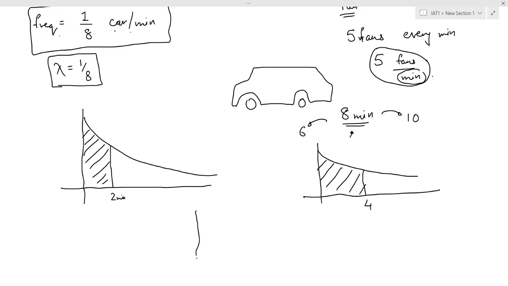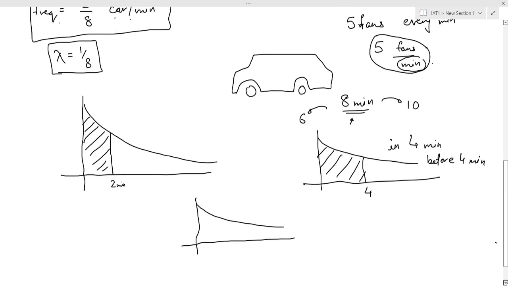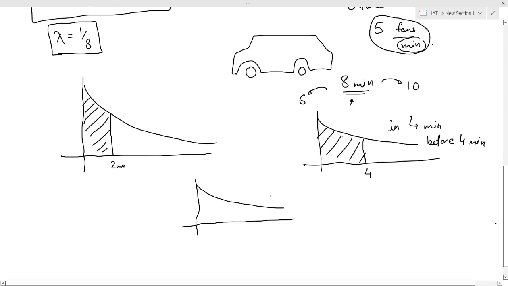This is before 4 minutes, the car getting manufactured within 4 minutes. Then we are going to use this graph. But what is the probability of the car getting manufactured after 4 minutes?